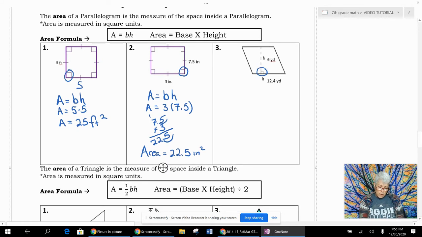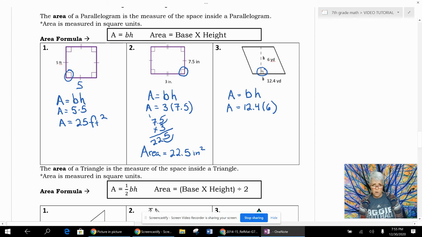All right, parallelogram. There's my right angle. A equals base times the height. I'll use the 12.4 as my base. And I'll use the 6 as my height. I'm going to use parentheses to show multiplication. That's all I have to do.